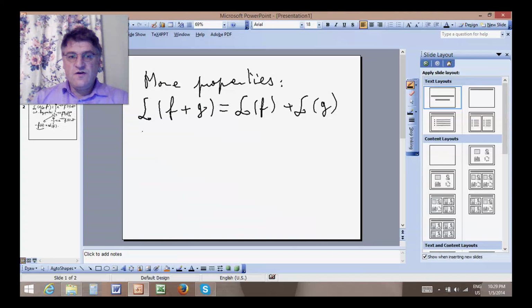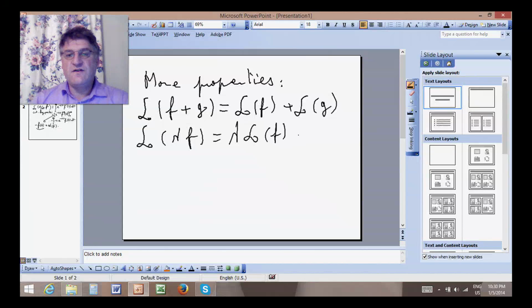And if I take the Laplace transform of lambda times f, it is lambda times the Laplace transform of f. So it's a linear transform.